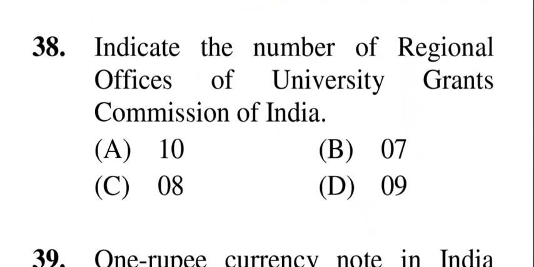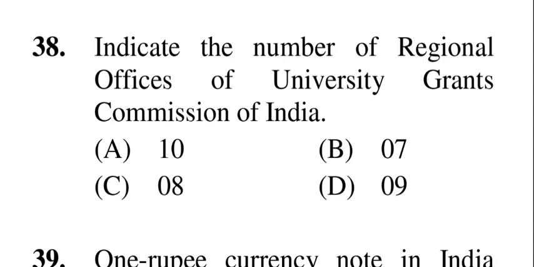38. Indicate the number of regional offices of University Grants Commission of India. So here you can do one thing. Try to know the history of UGC and how it has evolved over time.